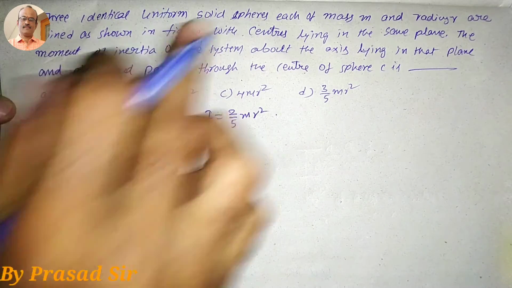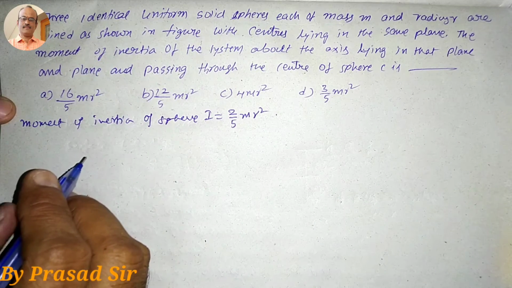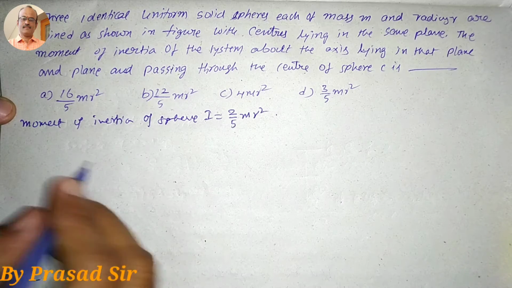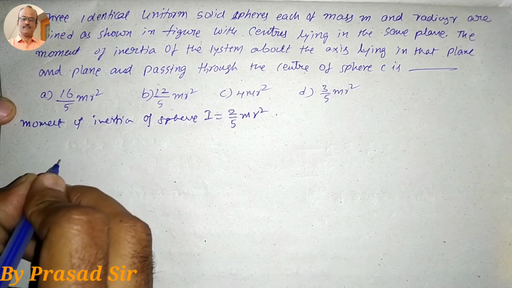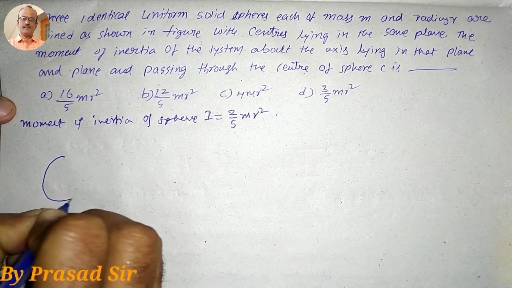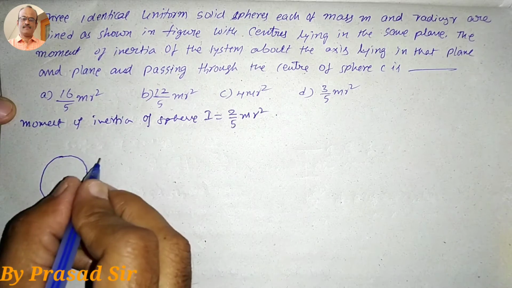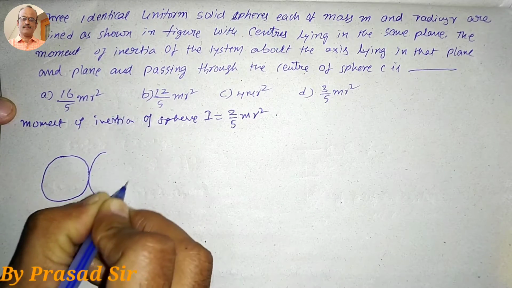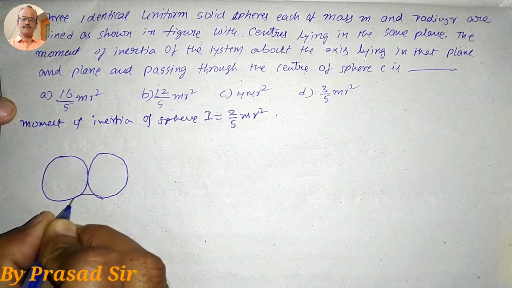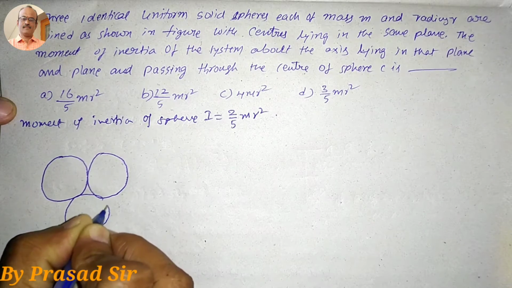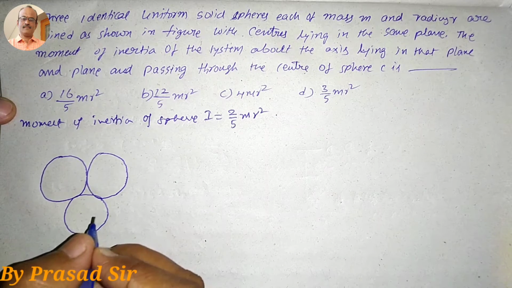Three identical uniform solid spheres, each of mass m and radius r, are joined as shown in the figure. As shown in the figure, this is one sphere, this is another sphere, and this is another sphere. Each sphere touches the other.